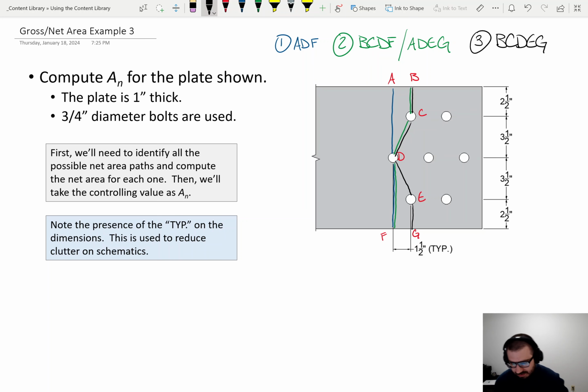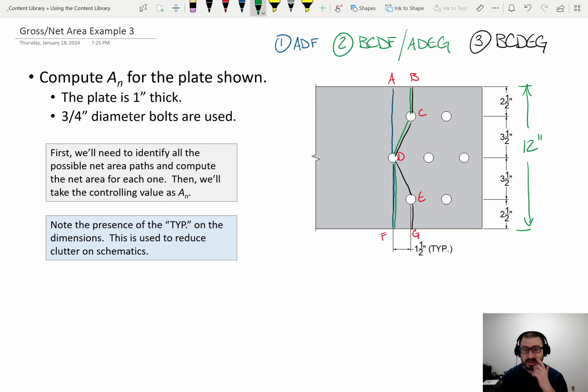Okay, so let's go through a couple things. First thing I want to do before I actually move on is let's look at this right here. I actually want to look at this dimension. So we have 2.5 and 3.5. So 2.5 plus 3.5 is 6. Okay, so times 2 is 12. So this dimension is 12 inches.